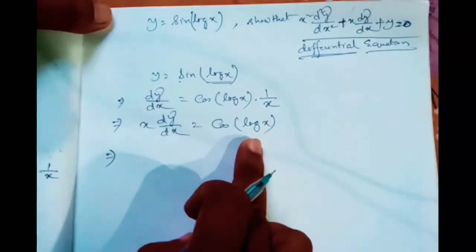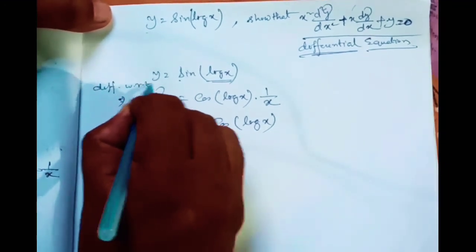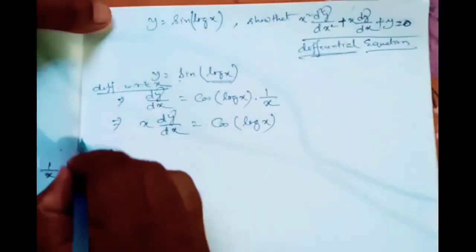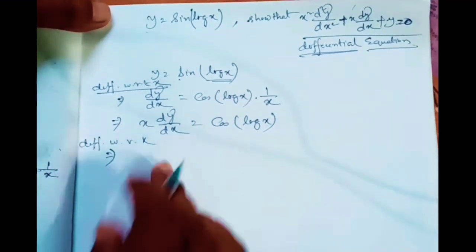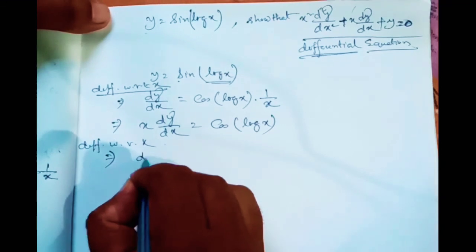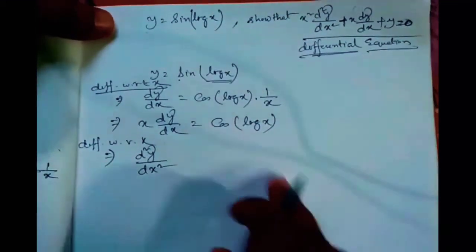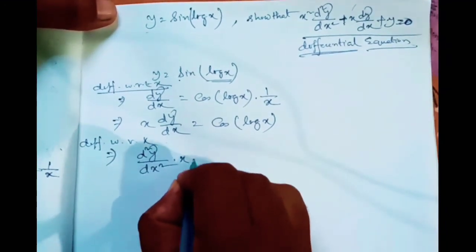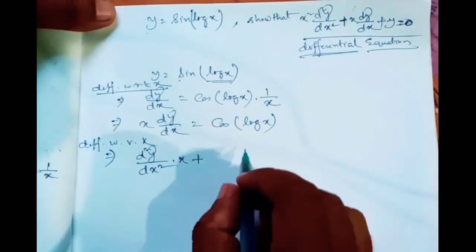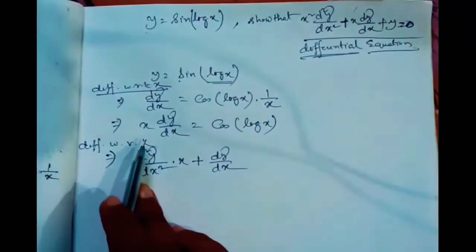Again differentiating, we have to write here: differentiate with respect to x both sides. Again differentiate with respect to x, so d2y by dx2 into x plus dy/dx only, because d/dx of x is 1.